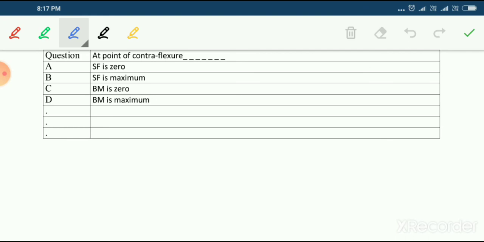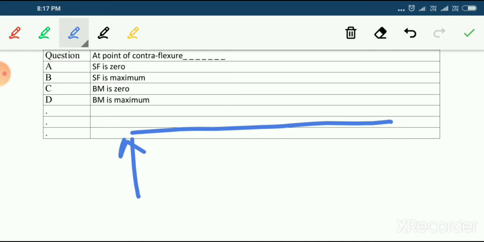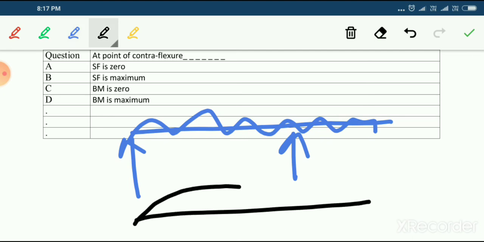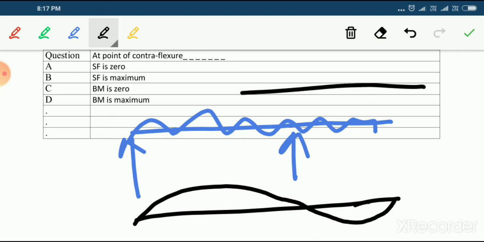This case happens for overhanging beams. So if you have this beam and you draw the bending moment diagram, this is the bending moment diagram you may get. Sometimes you will get it like that also.